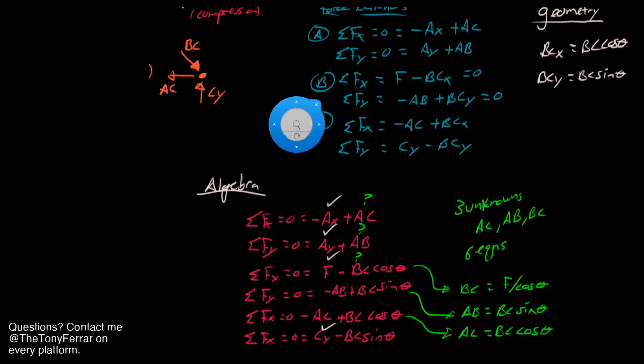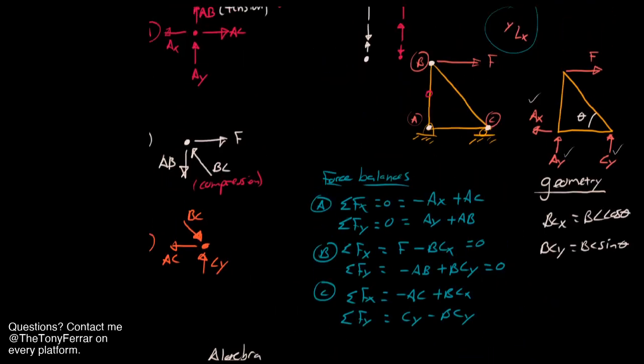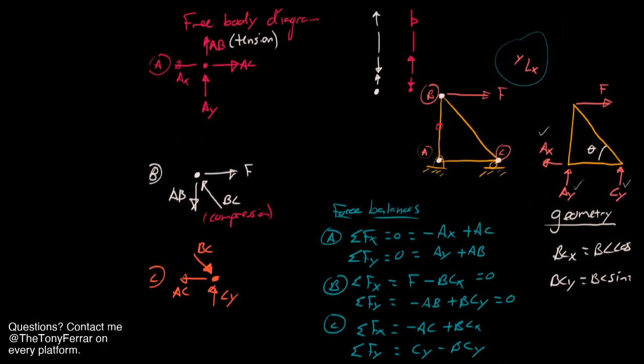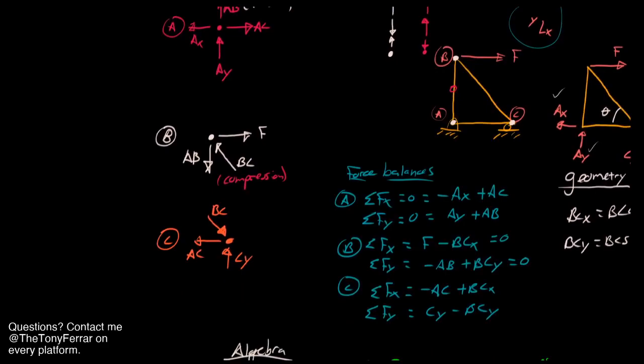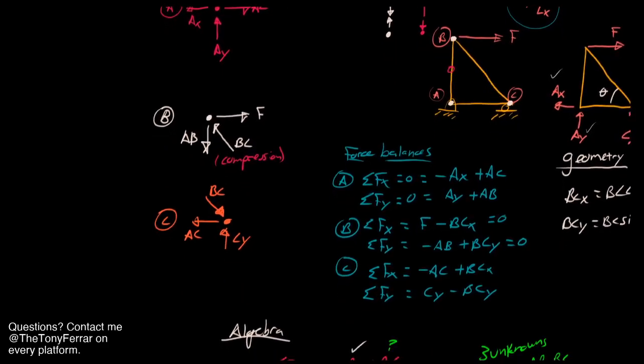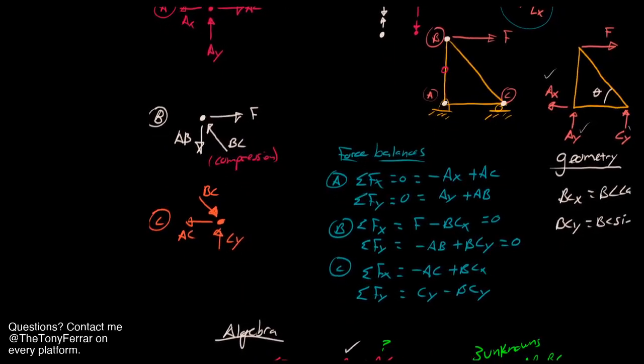So just to recap real quick here, we started out by drawing free body diagrams at each of the nodes. And the trickiest part is if you assume tension, then it's going to pull on the pin. And if you assume compression, it's going to push on the pin. So BC was assumed to be compression, AB was assumed to be tension. We write a force balance at each of the nodes, so we end up with 2 force balances for each node if this is a 2D problem.